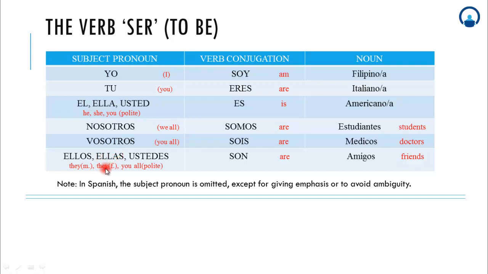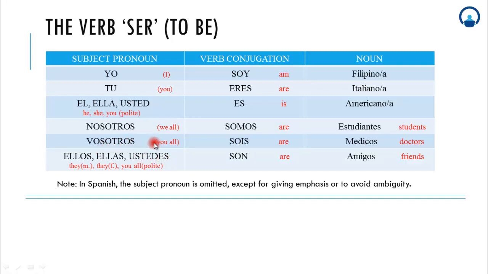Ellas means a group again where you're pointing at it and saying they, but they are feminine. And ustedes means you all in a polite manner. So there's a difference between vosotros and ustedes.